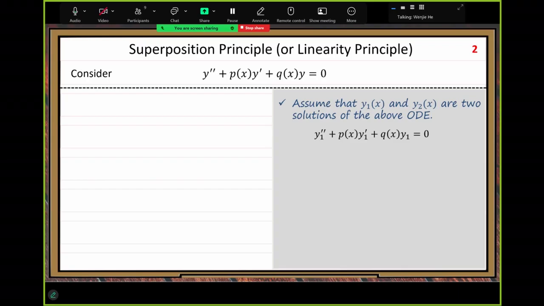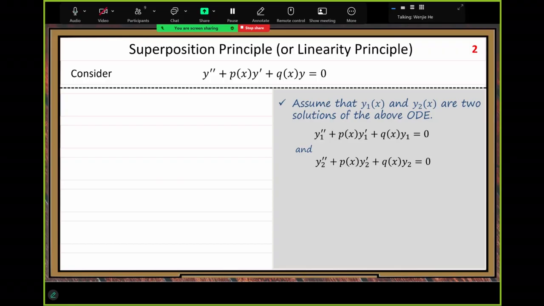Let us use these two known solutions to get more solutions. Because y1 is a solution, we plug y1 into the homogeneous second order form and get a first equality. Similarly, we get a second equality.